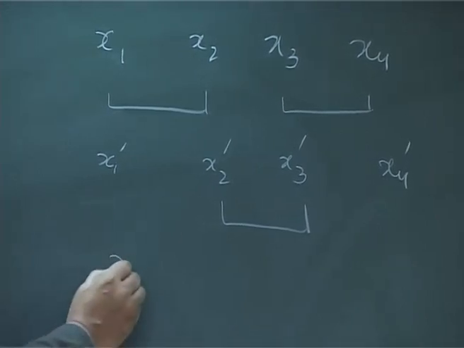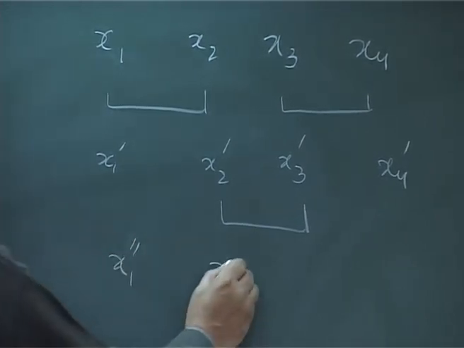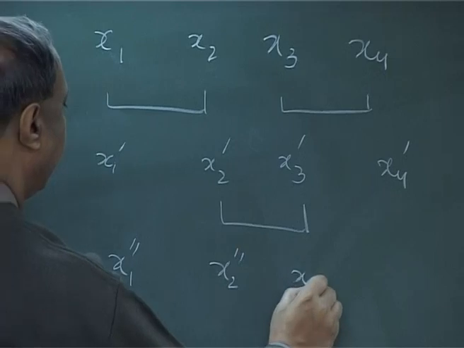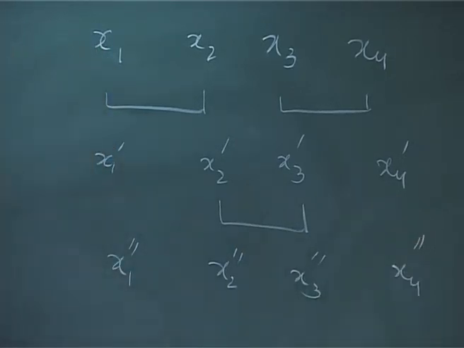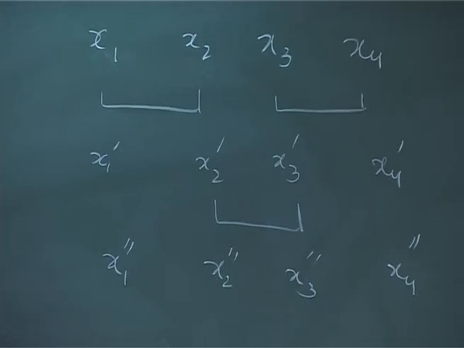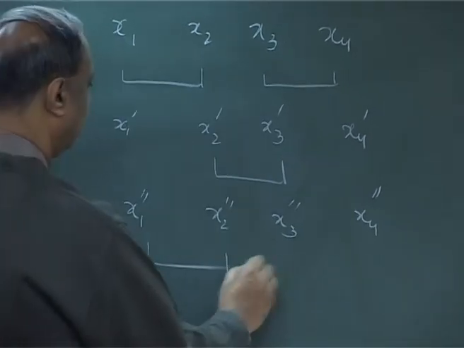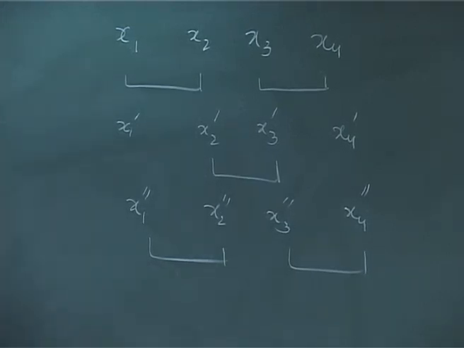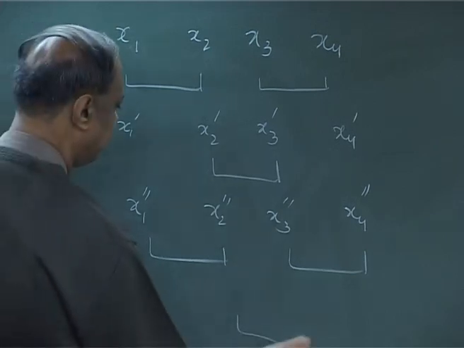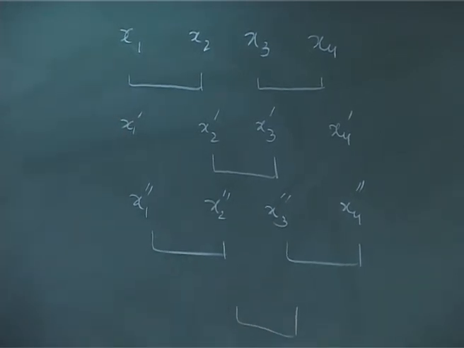Right? Now you get x1 double prime, x2 double prime, x3 double prime, x4 double prime. Next stage, okay, and then next stage this.